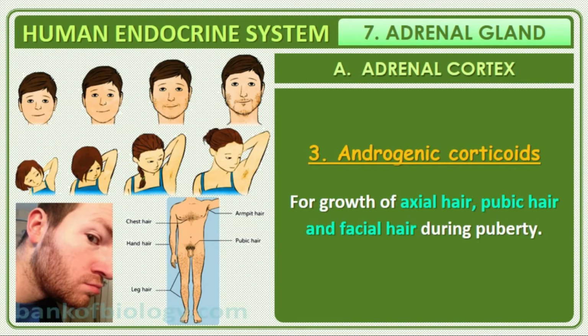What are they? Glucocorticoid, mineralocorticoid and androgenic corticoids. What is the function of the androgenic corticoids? For growth of axillary hair, pubic hair and facial hair during puberty.